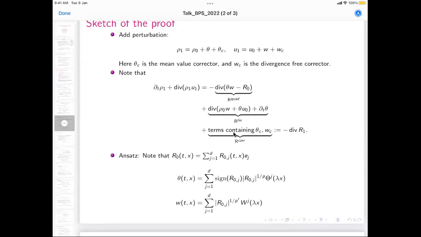You see, there will be a term like theta w, which is coming from the rho 1 u1 multiplication, right? This will fit with the previous error. And there will be linear terms, plenty of them, starting with delta theta and linear in w and theta. And there will be a bunch of error terms which contain theta c and w. But these are small, so forget about it.